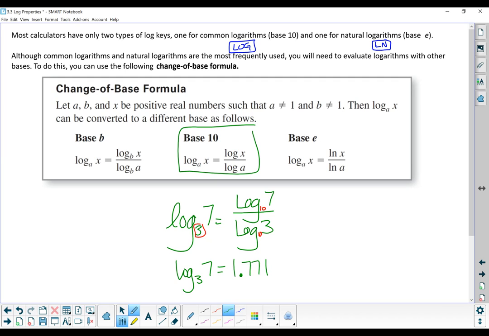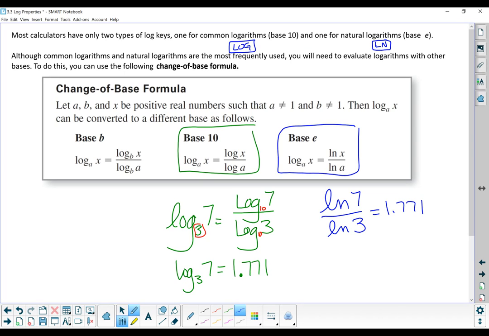You can change it into base 10, or you could use the natural log button as well, and it would give you the same exact result. If you typed in natural log of 7 divided by natural log of 3, you would also get 1.771. So this change of base formula allows you to use your calculator to calculate logs in other bases.